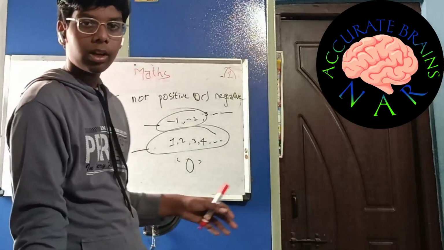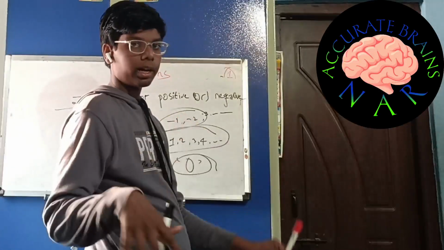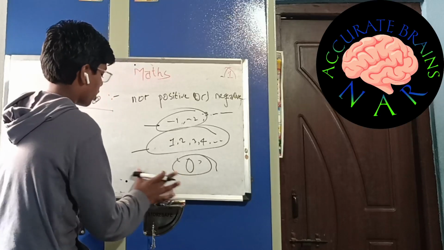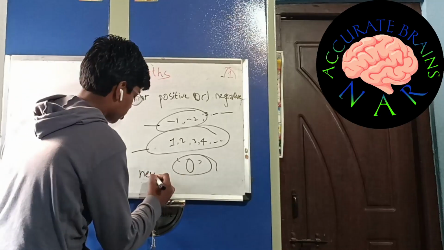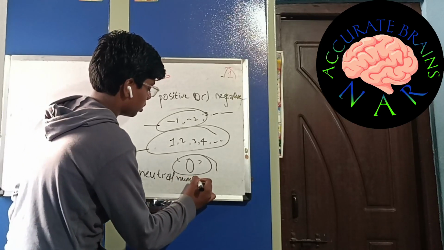Is there anything special? Nothing. 0 is called a neutral number. Here we have to remember that 0 is a neutral number.